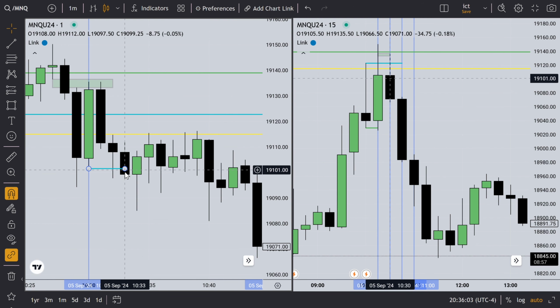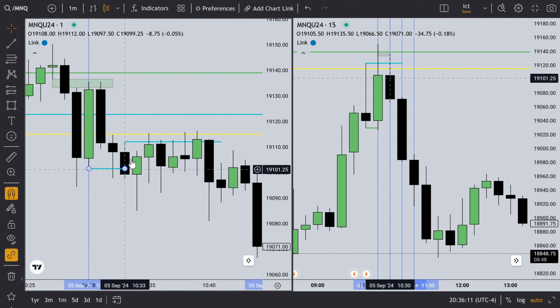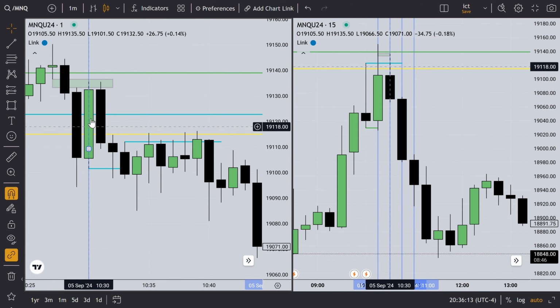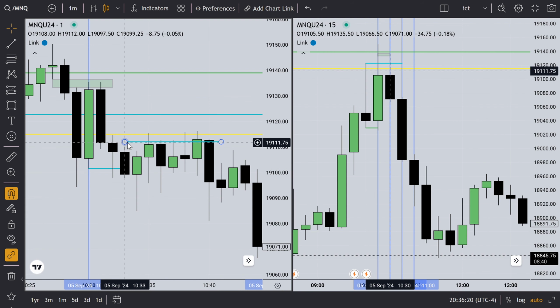Now, after we get the close here, watch how price sweeps the high of this candle, trading back into this, which is now a bearish order block, but I want to point out how the candle that closed below it is the candle that gets swept. And it's swept a few times.